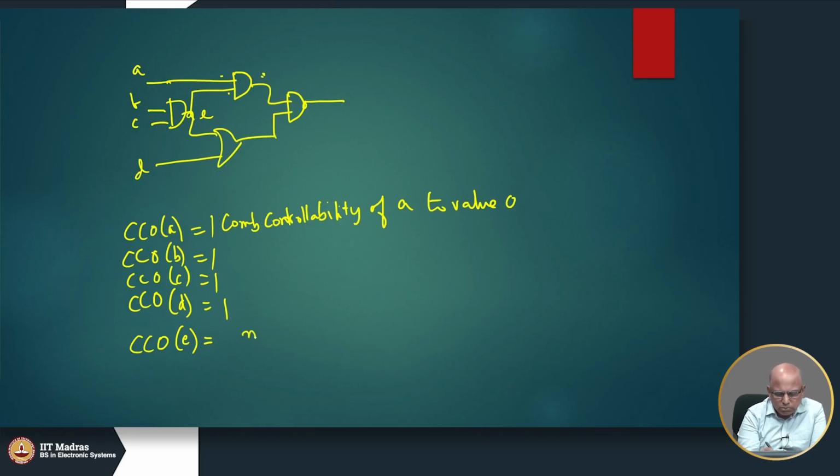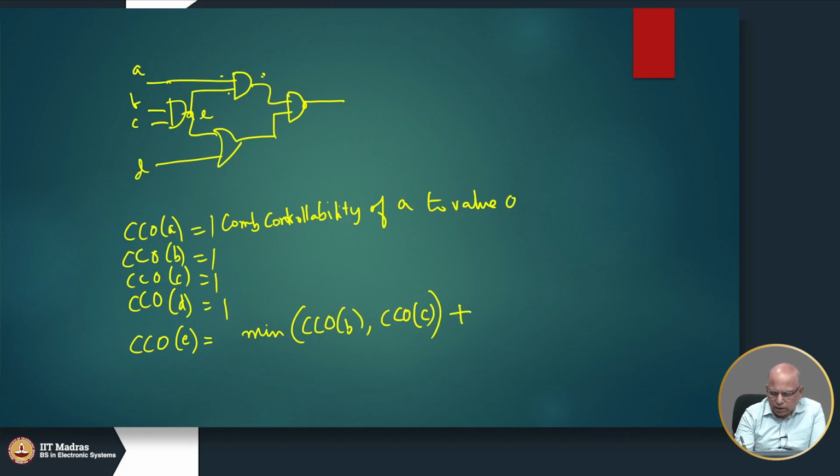So, I will say minimum of combinational controllability to 0 of B and combinational controllability to 0 of C. I am sorry, this is not B. I will choose the minimum value of the two, because I will try the easiest way to set E to 0.